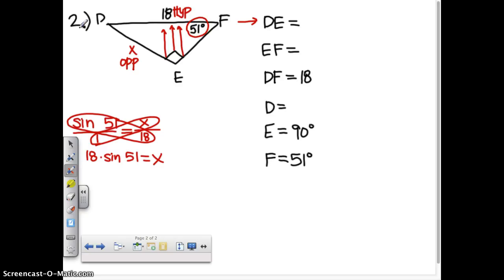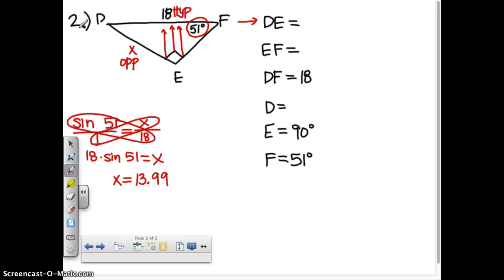Okay, so when we punch this in on our calculator, it says 13.9886271. Yours may have more or less, but it should say something like that. For sides, you want to round to the hundredth. So x here is going to equal 13.99.